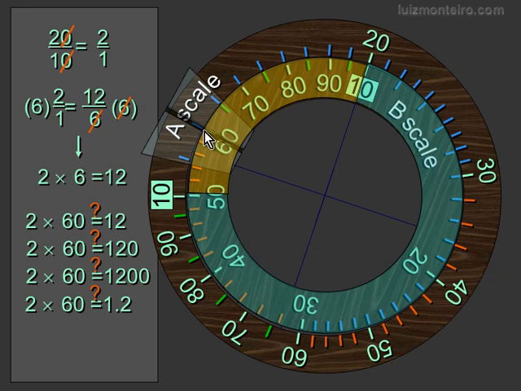But the answer, we don't really know what the decimal point is. So we always take into account the possibilities that we can have here and then figure out which one makes more sense. 2 times 60 equals 12. That doesn't make sense. 2 times 60 equals 120. That makes more sense. This one here doesn't, and this one doesn't either. So the answer is 120.